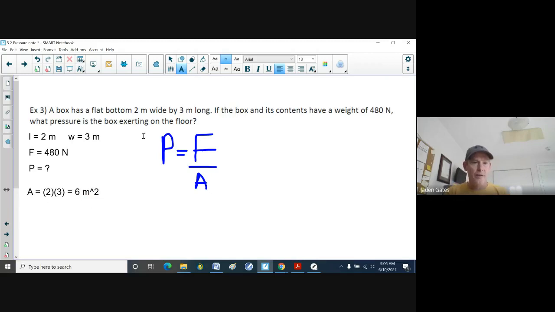Now that I've got that information, I've got the force is 480 newtons. That's how much it weighs, or the force that's being applied to the floor.